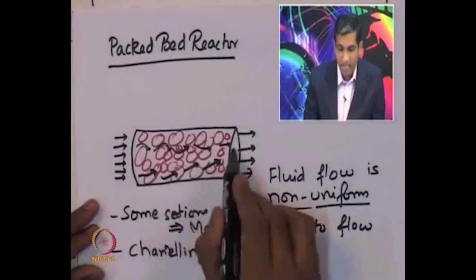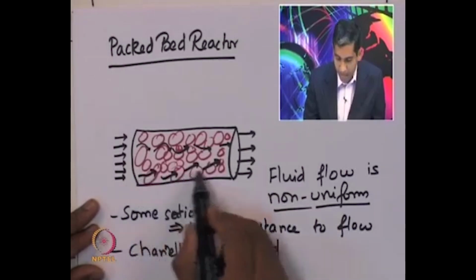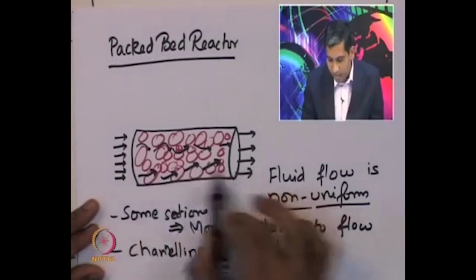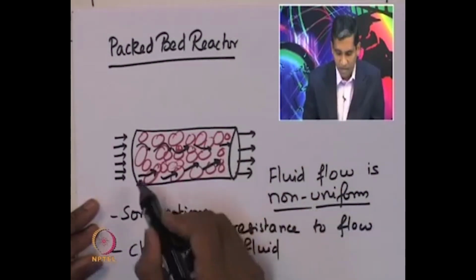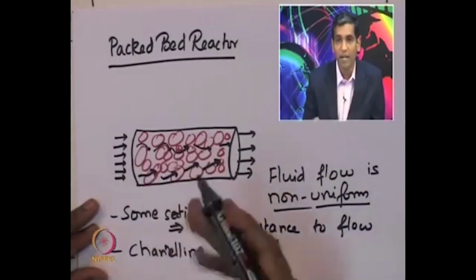As depicted here, in some sections of the reactor the fluid will quickly go from the inlet to the exit of the reactor and leave, while in other sections it spends a lot more time.